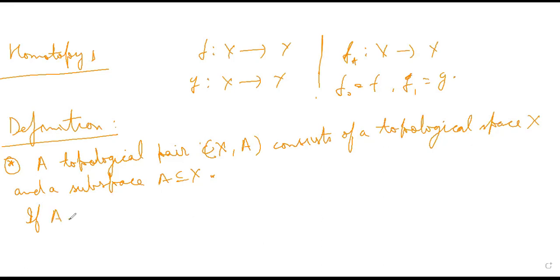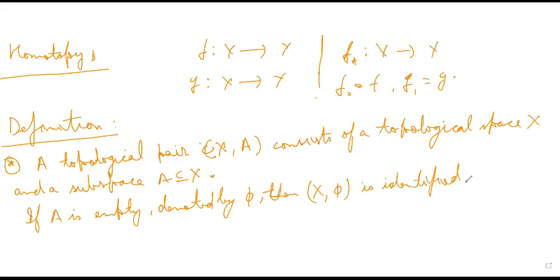If A is empty, then the pair (X, empty) is identified with X. We will not differentiate between this pair and this topological space.